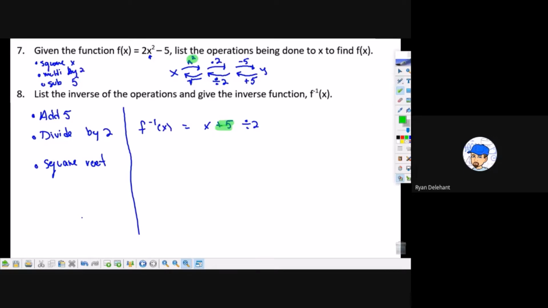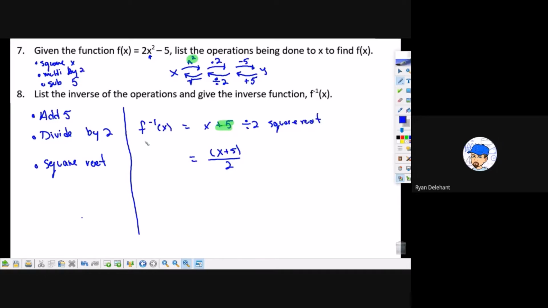I want to add and then divide. Do I need parentheses to do that? I do, because that's not the correct order of operations. So when I do this, I know I need this X plus 5 and then the divide by 2. Now the last step was square root.